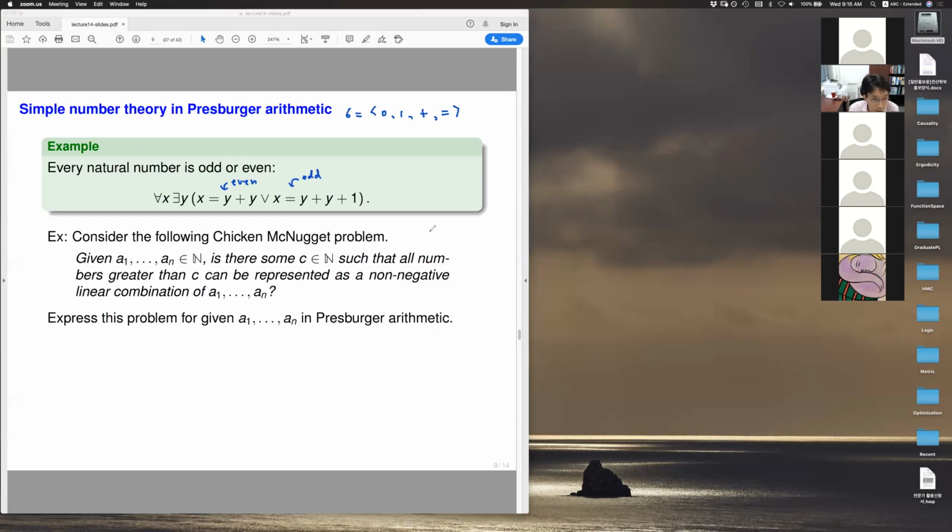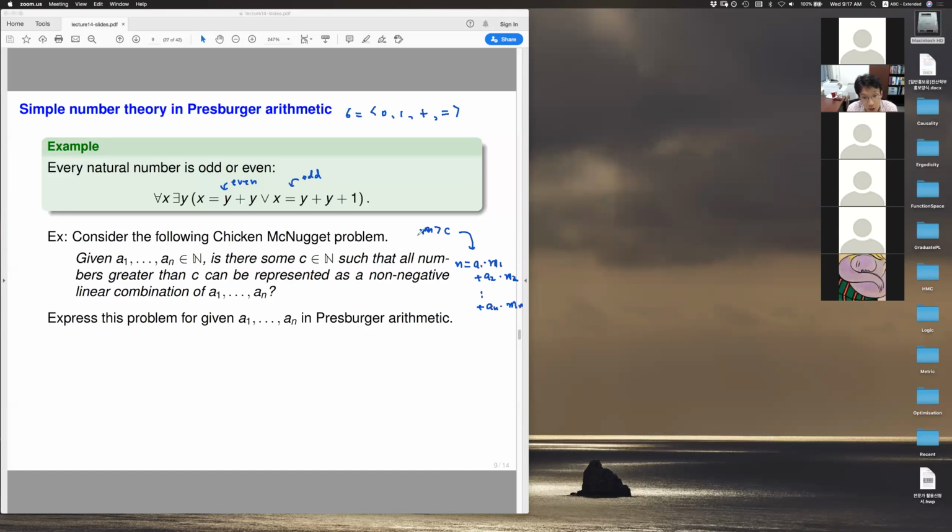In other words, if some number M is greater than C, we are interested in whether M can be expressed as a linear combination a1 times m1, a2 times m2, and so on, up to an times mn.